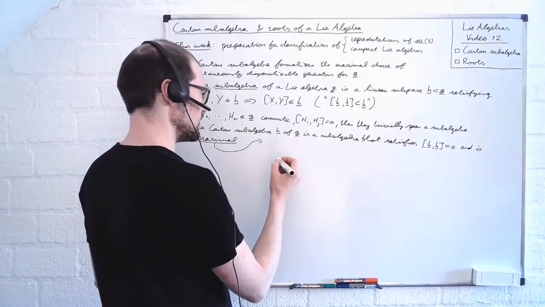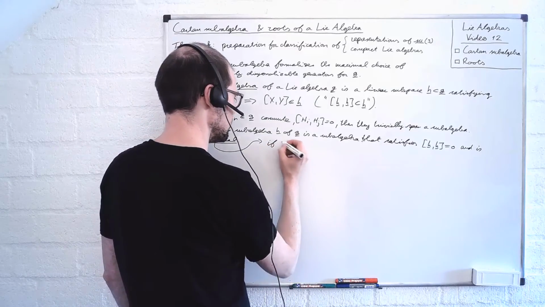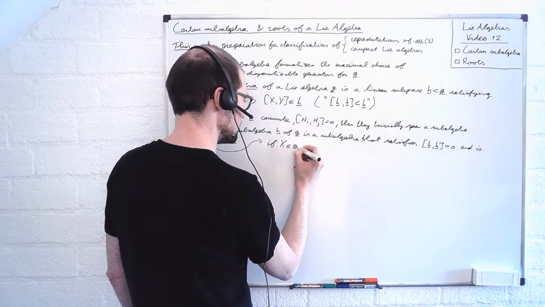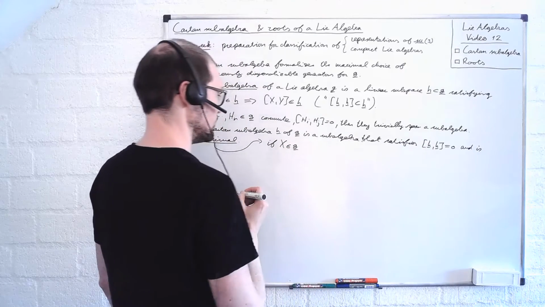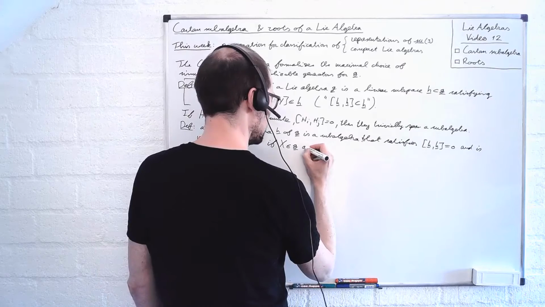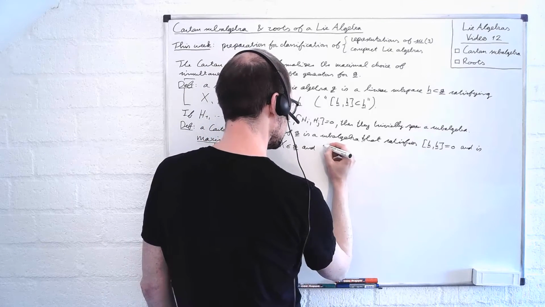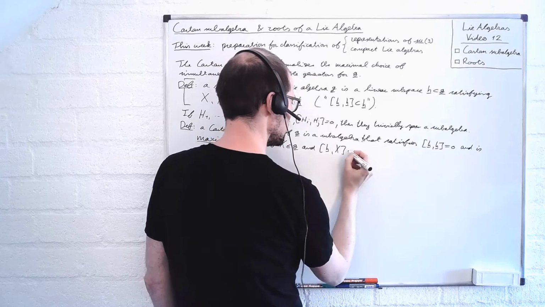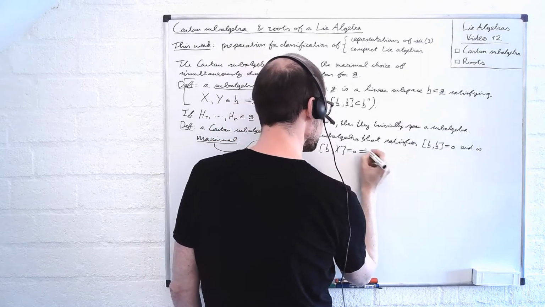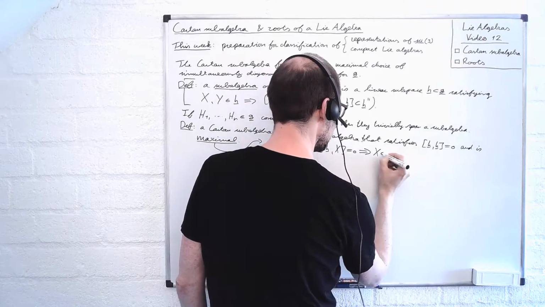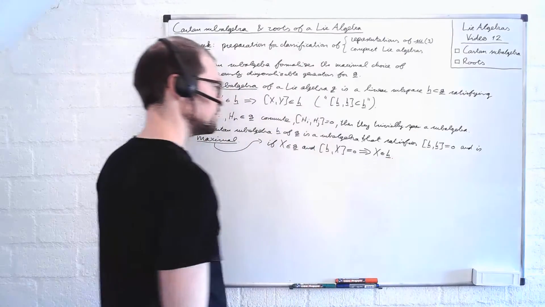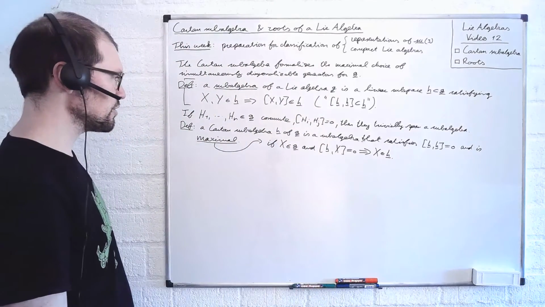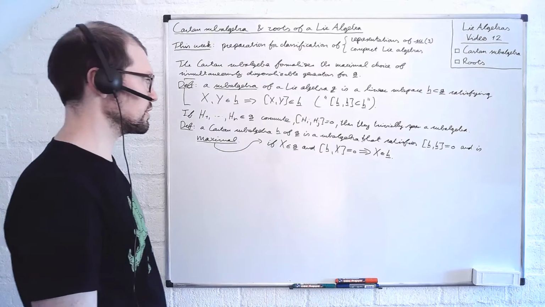So this is saying that if a generator X in the Lie algebra satisfies that the commutator with all of the elements of H is 0, then I really want X to be in H. So that's a maximality property.